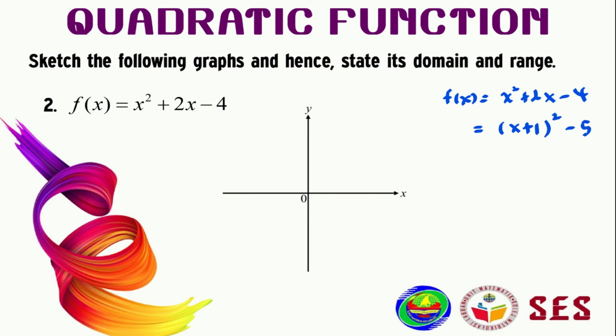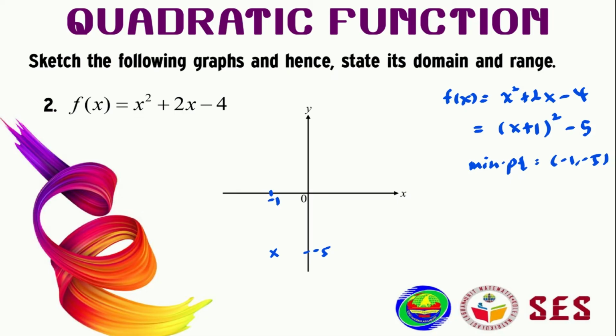Since the shape of this graph is a smile shape, we will have its minimum point at (-1, -5). So this is -1 here and -5 is somewhere around here. This is our minimum point.